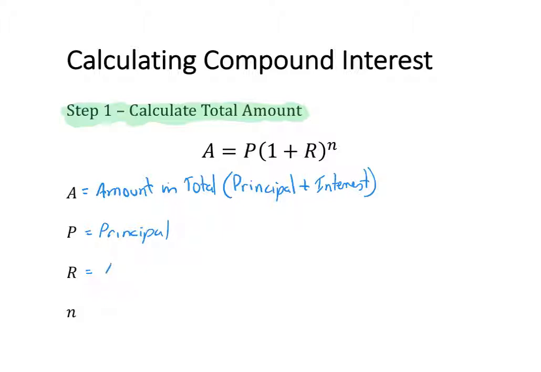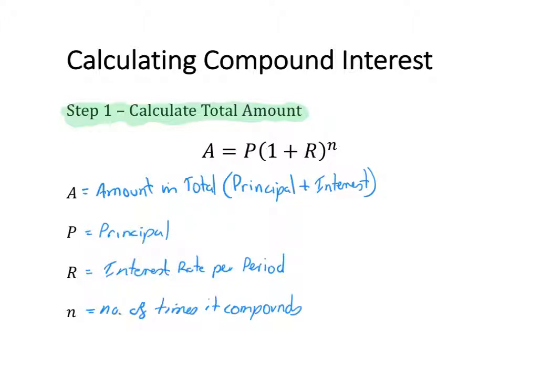R is the interest rate per period. We'll have a look at how we calculate that when we look at an example. And N is the number of times it compounds.